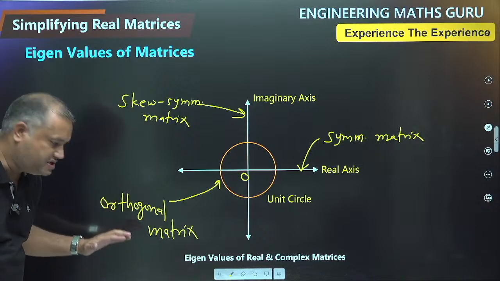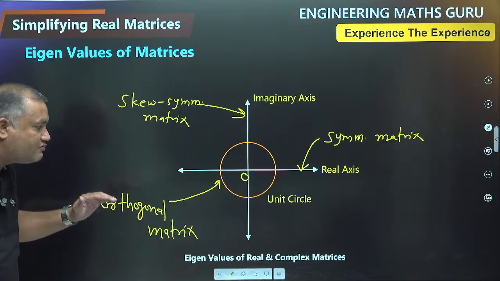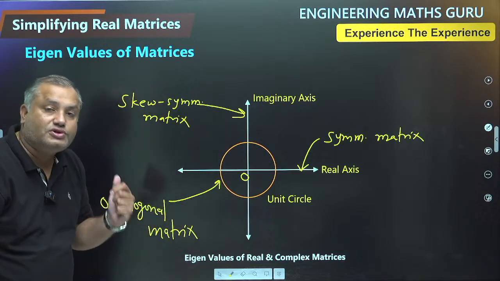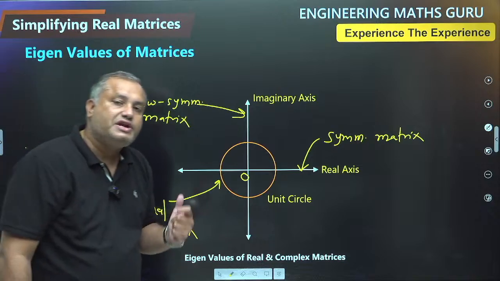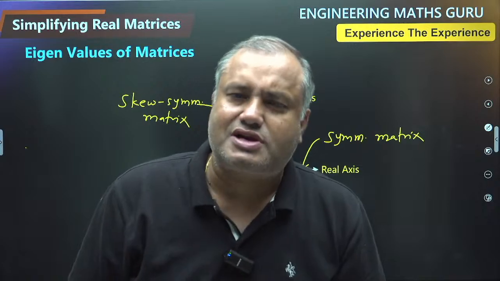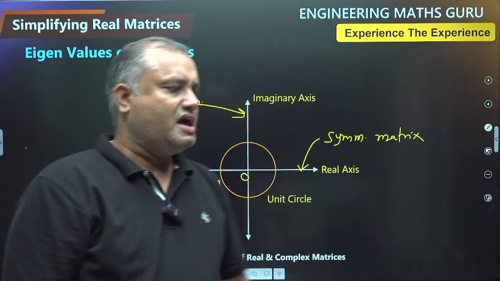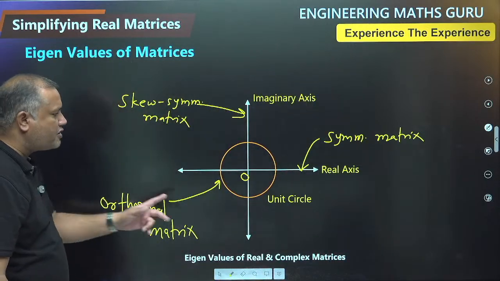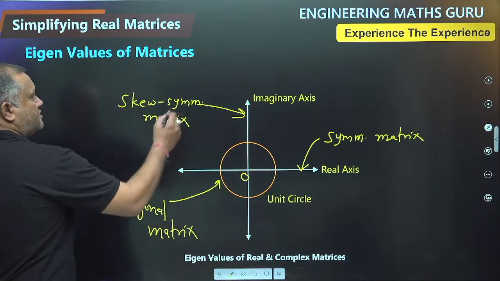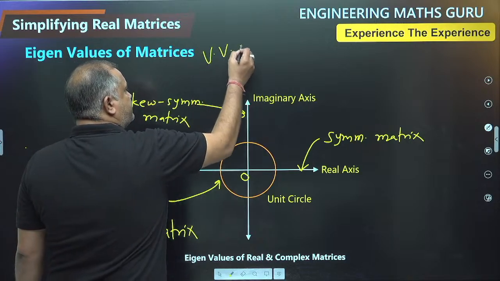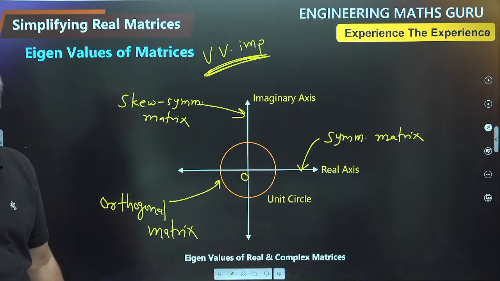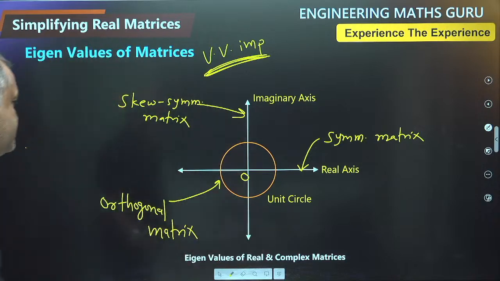Orthogonal matrix eigenvalues have magnitude equal to 1. ऑर्थोगोनल मैट्रिक्स की आइगन वैल्यूज का मैग्नीट्यूड हमेशा 1 होता है, एंड दैट्स व्हाई दे हैव टू बी प्लॉटेड ऑन द यूनिट सर्कल. This is a very important frame, very important concept for the upcoming GATE exam as well as your ESE prelims.